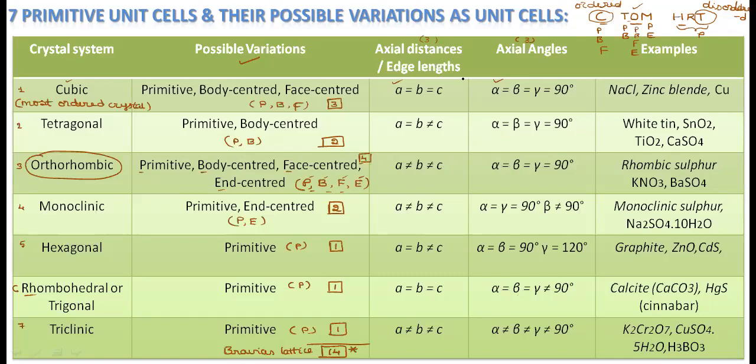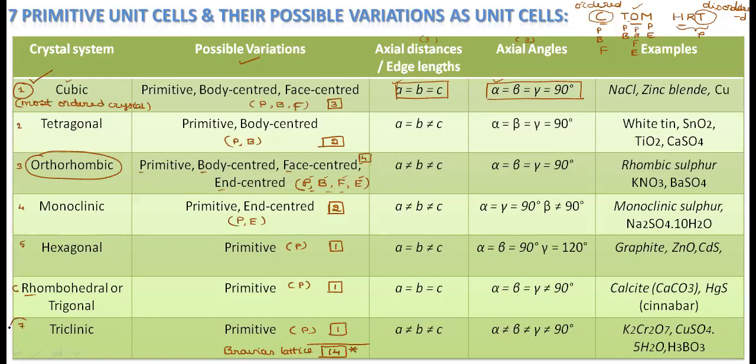As it is most ordered, all the edge lengths are equal: a equals b equals c, and alpha equals beta equals gamma equals 90 degrees. Hence, the cubic system is considered the most ordered crystal system.